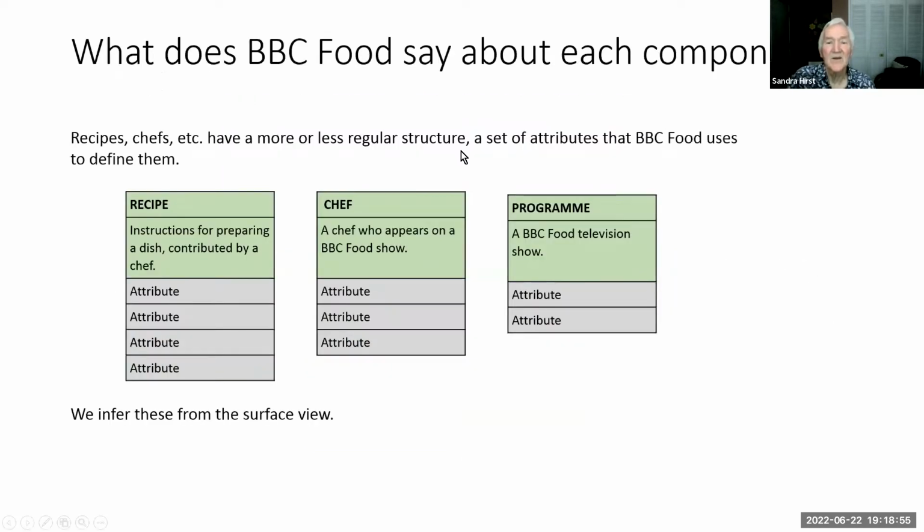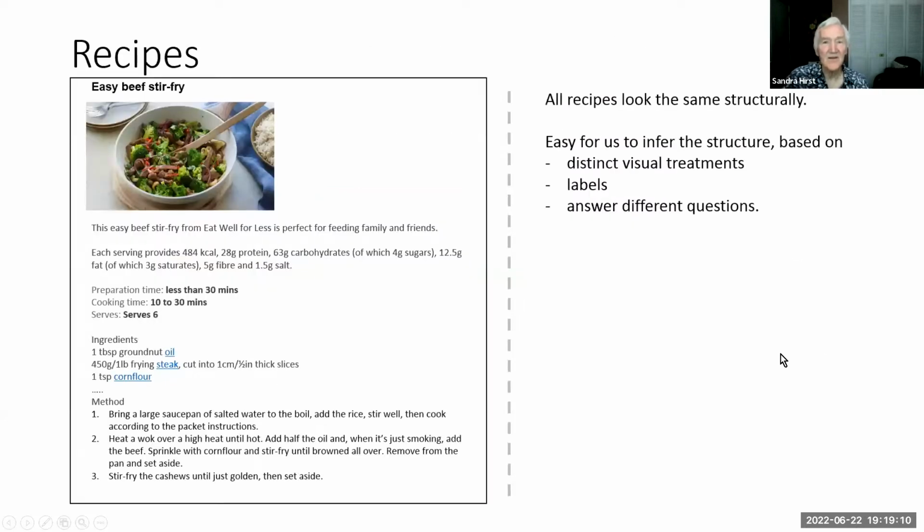So for each of these things, we're going to find out what is their specification? What are they made up of? And the best way to do that is to just go to some recipes, chefs, and programs and take a look. So here's a recipe.